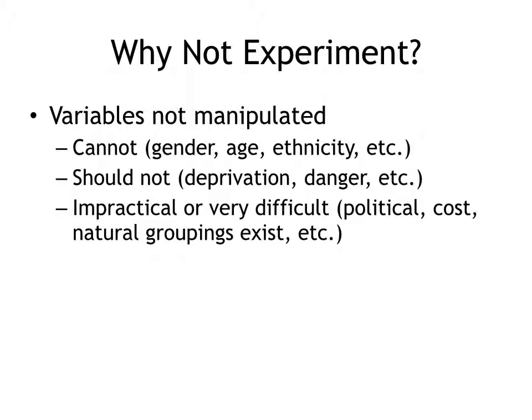So there's a lot of reasons why we don't experiment very much in education. So we use a lot of inherent or what are called organismic variables that already exist, like gender, age, and ethnicity. Those are critical in a lot of what we do to understand what's happening as children learn.